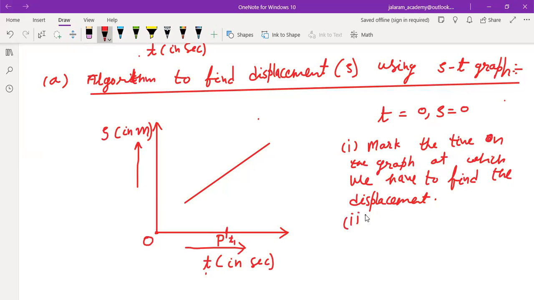The second step: draw a perpendicular to the time axis at this point.